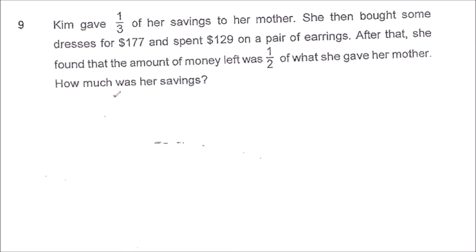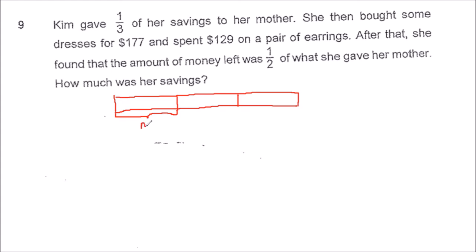Okay, so guys, we can just draw a model like this. This is what Kim has. What we are going to do is cut this into one third. So this one third will be given to her mother, and it's gone, so maybe we just shade it.